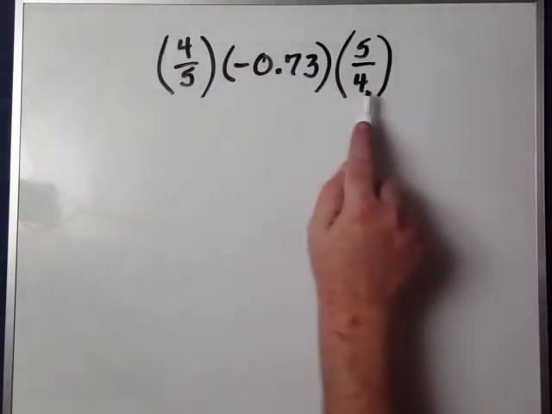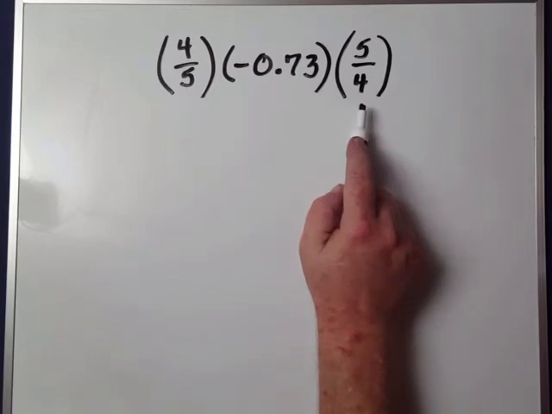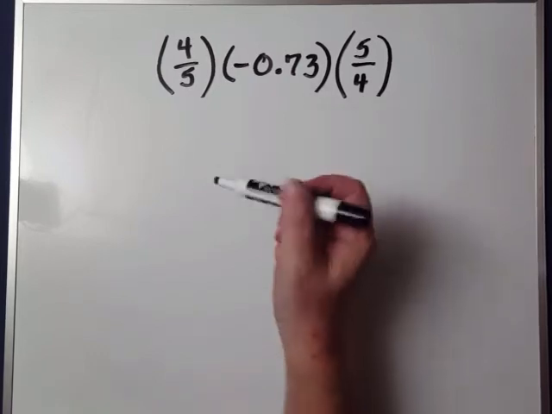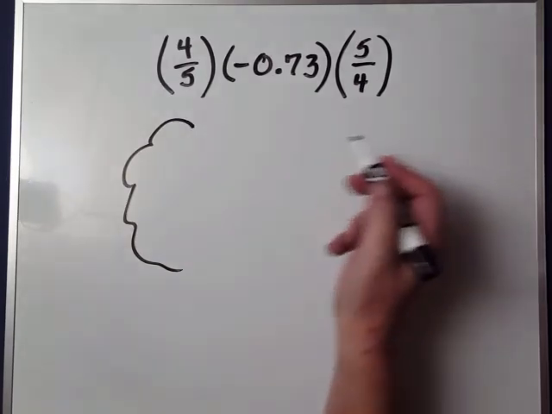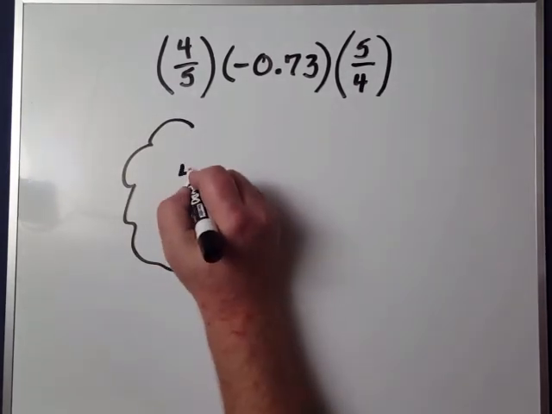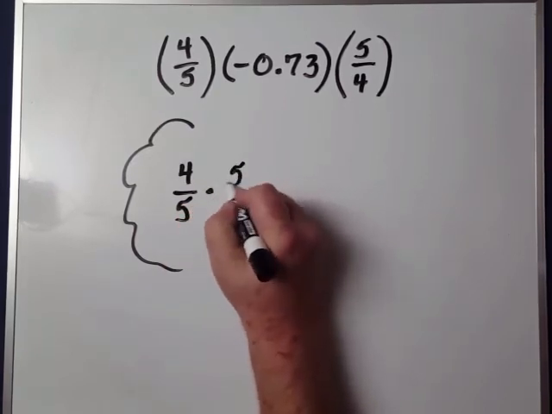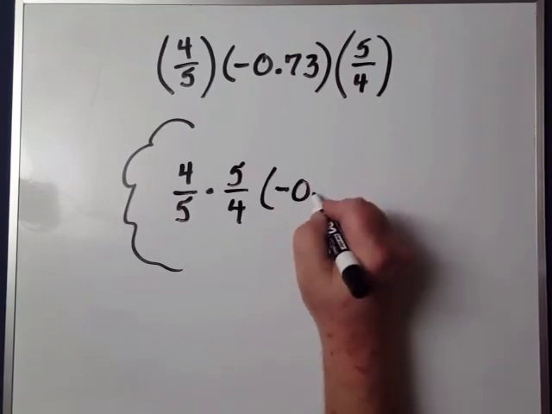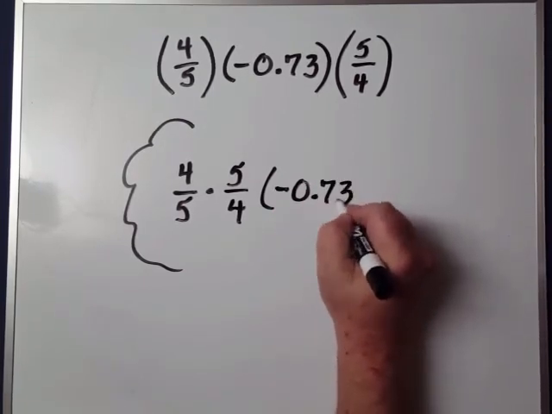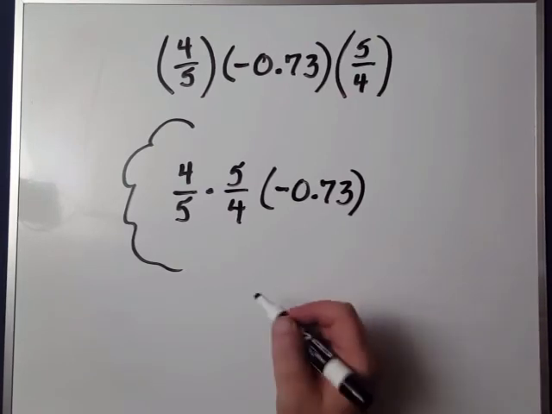I see some multiplicative inverses, some reciprocals. I know that they will cancel and leave 1, the multiplicative nothing. So what's going on in my head is I'm saying, I know that multiplication is commutative. I can put these in any order that I want. I know that multiplication is associative. I can multiply any 2 of these together that I want and still get the same answer.